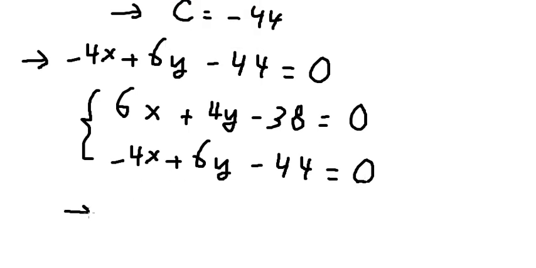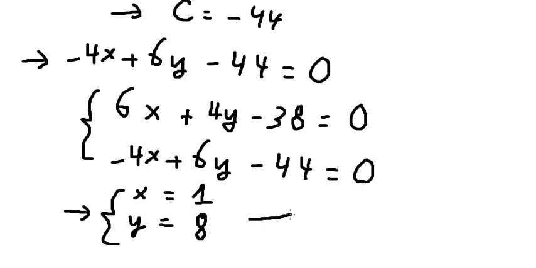So we need to find the solutions of x and y. So we have x equals 1, y equals 8. So the point D in here should be 1, 8.